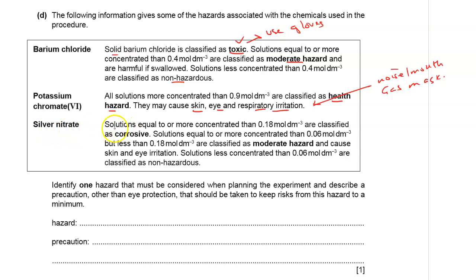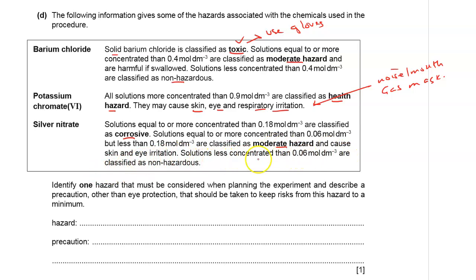Silver nitrate: solutions equal to or more concentrated than 0.18 moles per liter are classified as corrosive. They can burn, right? Solutions equal to or more than 0.06 but less than 0.1 are classified as moderate hazards and cause skin and eye irritation.